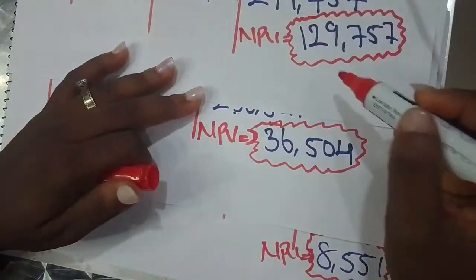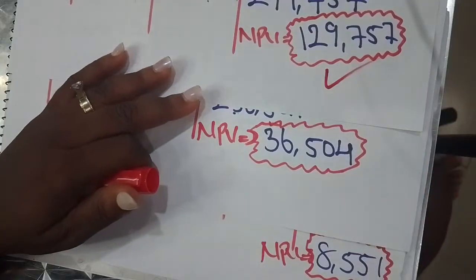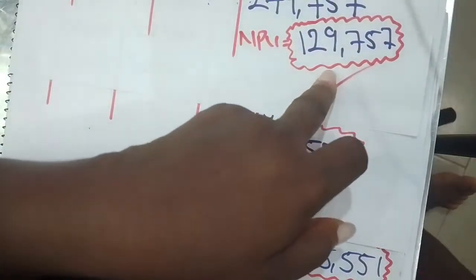So project Q has it. Project Q is higher. The NPV for project Q is 129,757 naira, or dollar, or pounds, or cents, or cedis, or whatever it wants to be. So this is higher. Now, how do you advise?